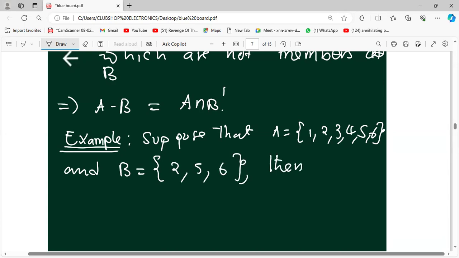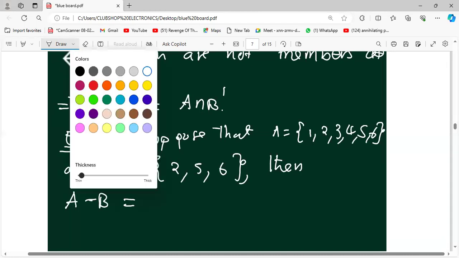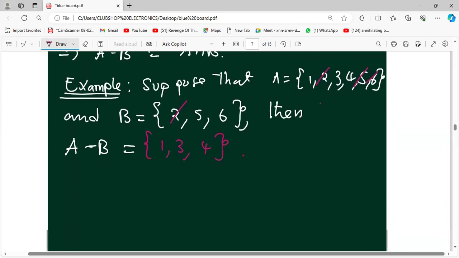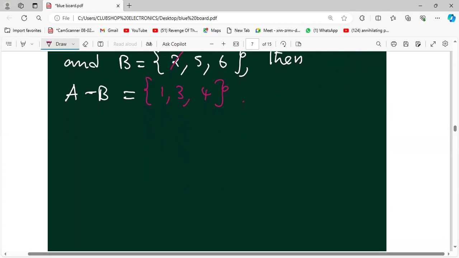Then A minus B is equal to, in this A, we remove the elements that are in here. So A minus B is 1, 3, 4. That is A minus B.